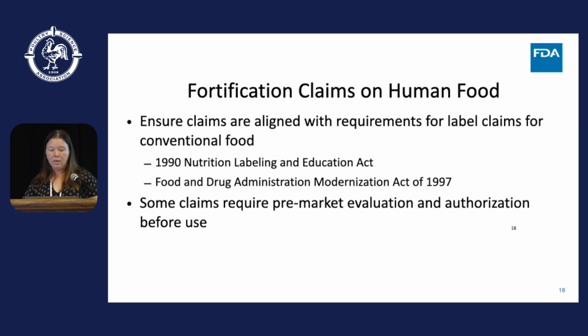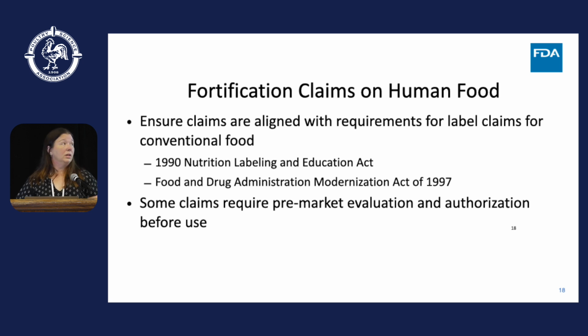All right. The other thing, once you're post-approval for the substance's use in animal food, and if you are looking to put fortification claims onto that human food packaging, those claims need to be in alignment with the requirements for conventional food.